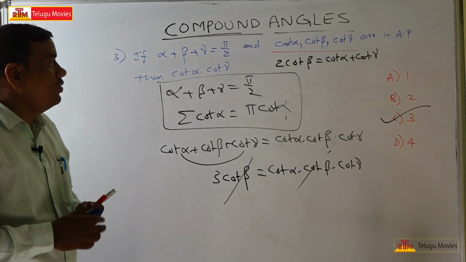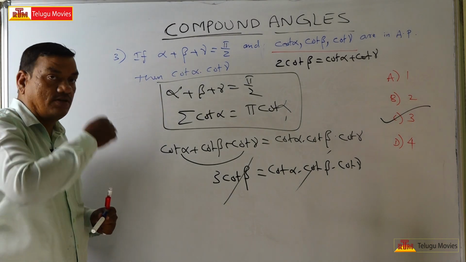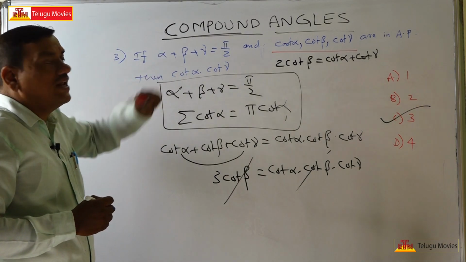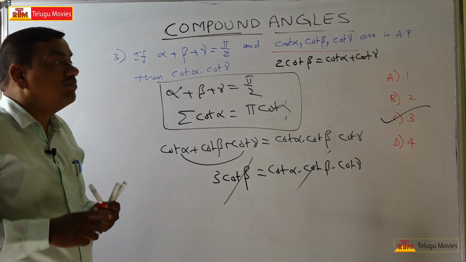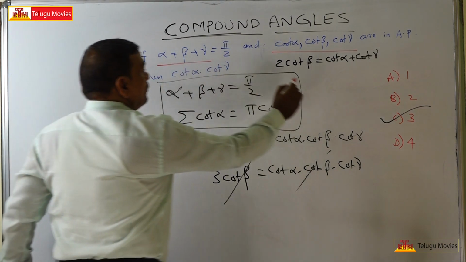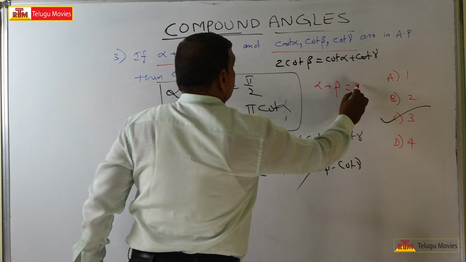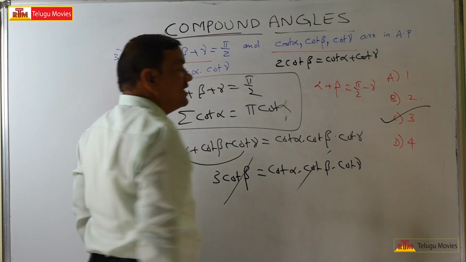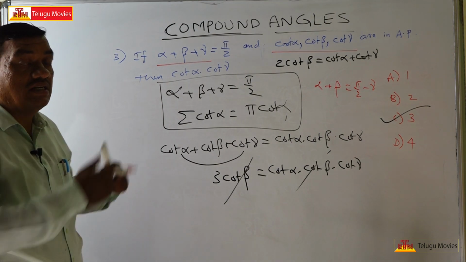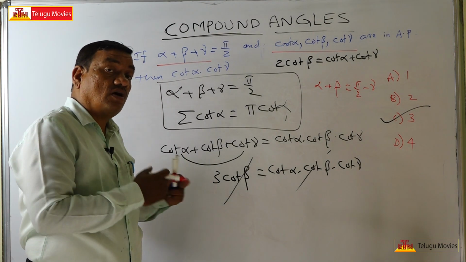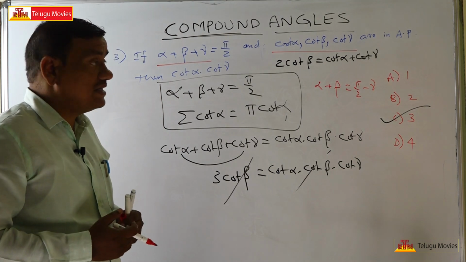Understand this, students? As soon as this problem is given, majority of the students start like this: alpha plus beta is equal to pi by 2 minus gamma, and they apply cot on both sides, cot of A plus B is cot A cot B minus 1 by cot A plus cot B, and they start doing the problem like that.